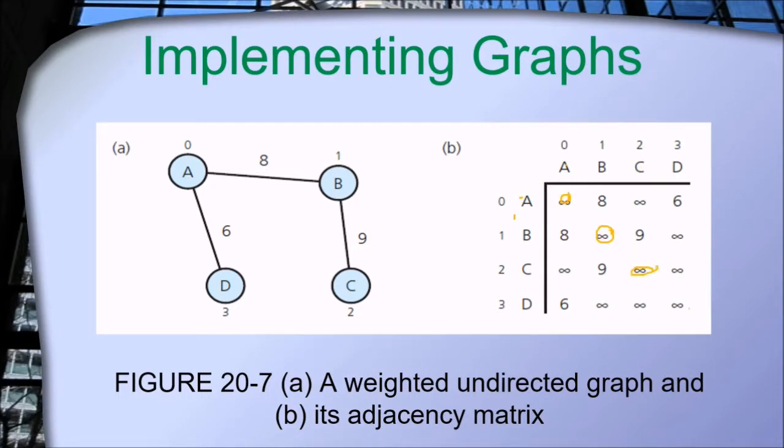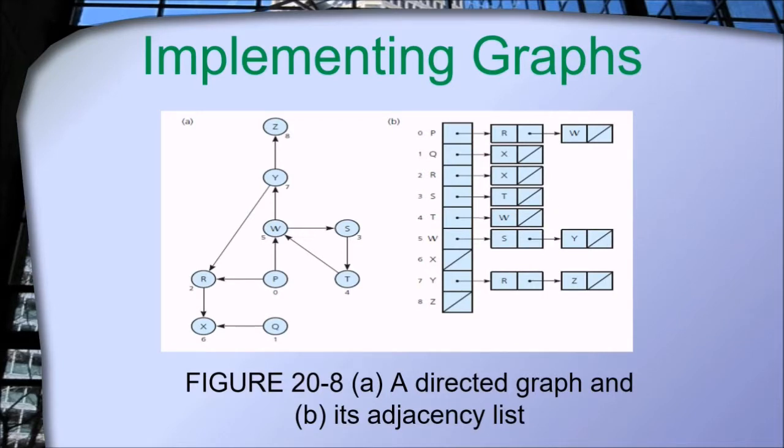All the values on the diagonal of this matrix correspond to infinite. But A-B and B-A both have the value 8. Why? Because A and B share an edge with a weight 8, and similarly for the others. So we will have the values corresponding to C-B and B-C also. They both will be 9, like this.